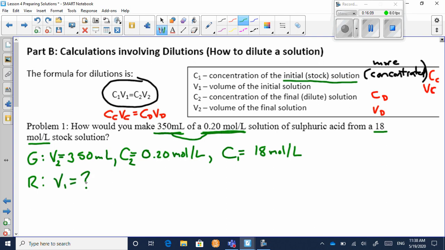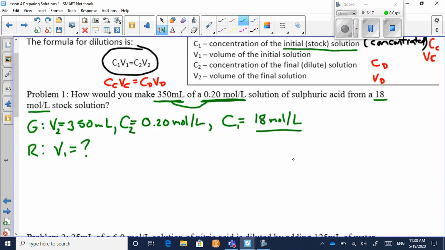In other words, how much of that 18 mole per liter solution do I need to make this 350 mils? Okay, well now that we've kind of identified what we're missing or kind of what we've been given and required, we'll write the formula out. So C1 V1 is equal to C2 V2.